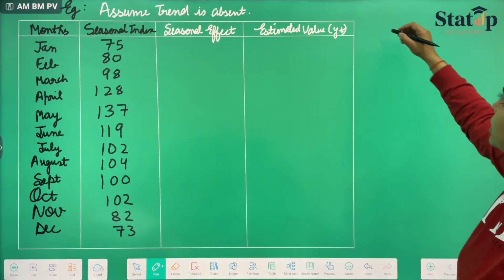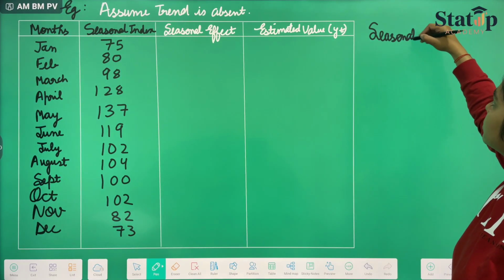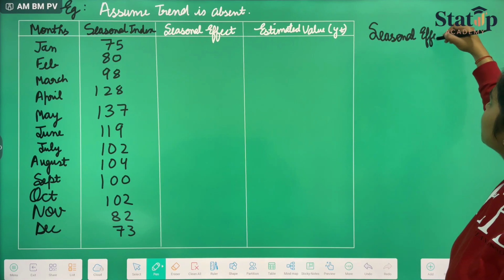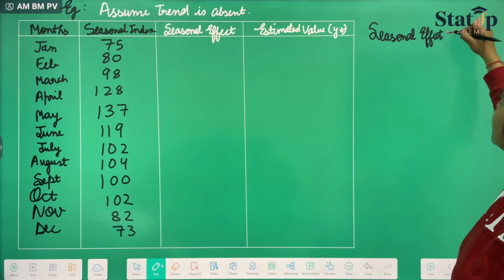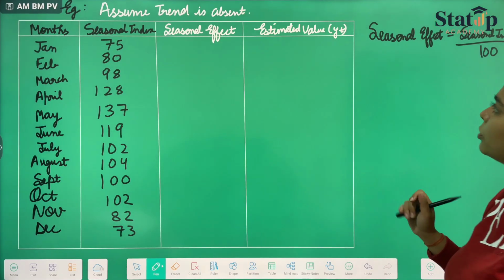So first of all, what is the formula for seasonal effect? Seasonal effect is equal to seasonal index upon 100.